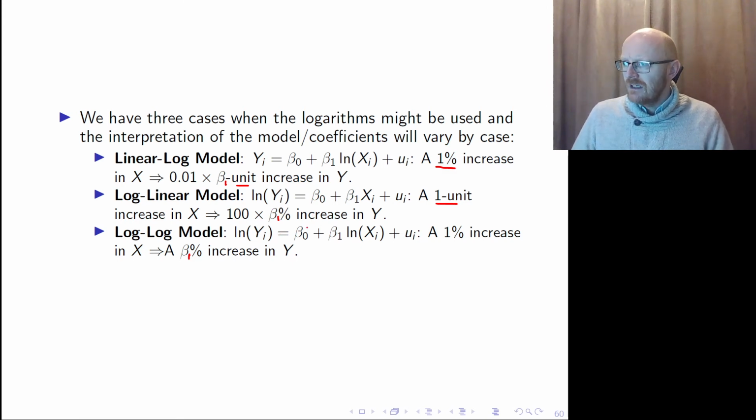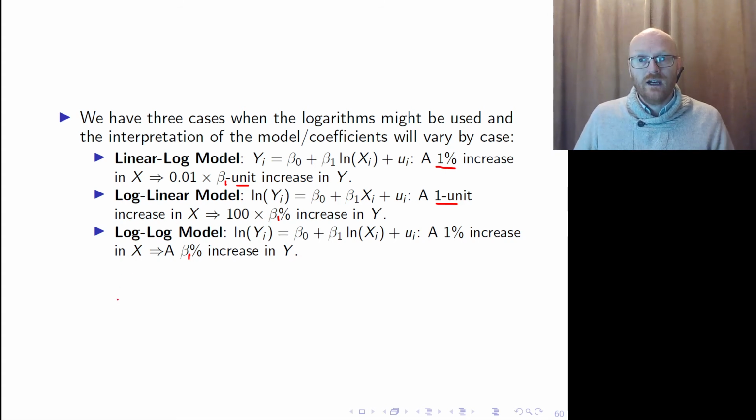So in this case, if you hypothesize that a unit increase in x should be related to a relative increase in y, then this is the model you should use.